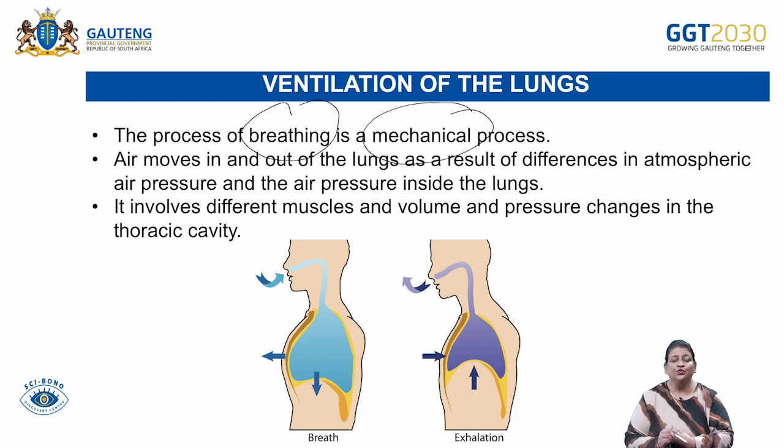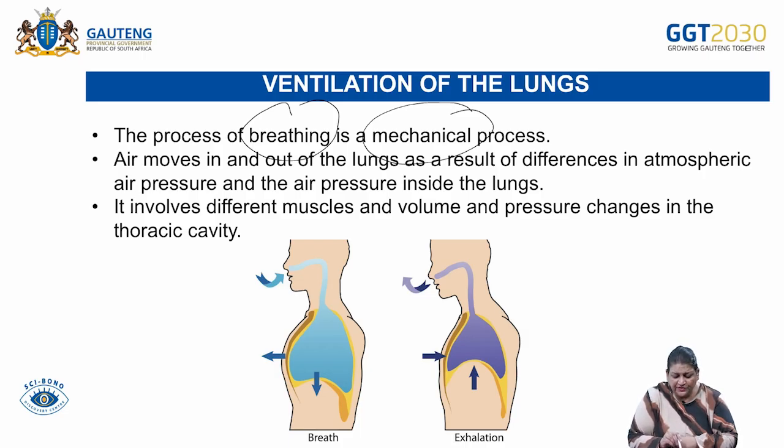So for air to move into the lungs, the pressure outside in the air must be higher than the pressure inside the lungs. And because of that diffusion gradient, air will move into the lungs from high atmospheric pressure outside to low atmospheric pressure within the lung. Okay.